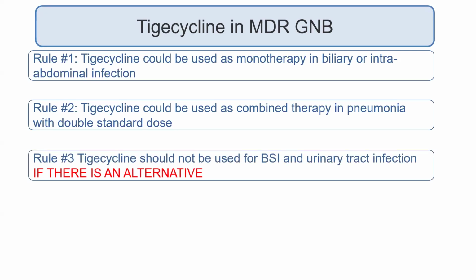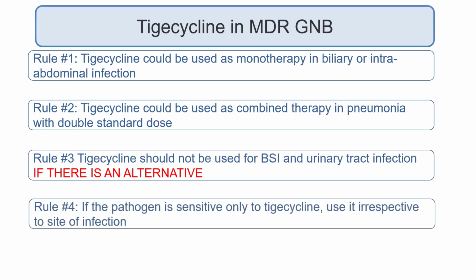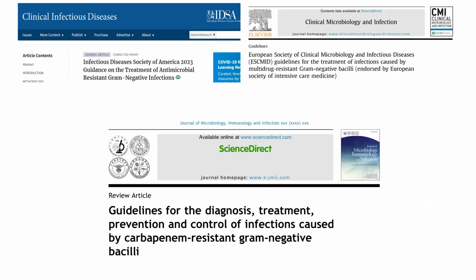Rule number three, tigecycline should not be used for bloodstream infection and urinary tract infection if there is an alternative therapy. But if the pathogen is sensitive only to tigecycline, use it irrespective of the site of infection.